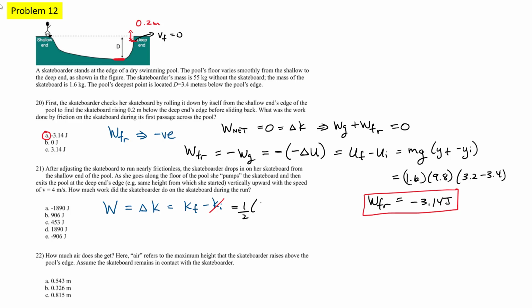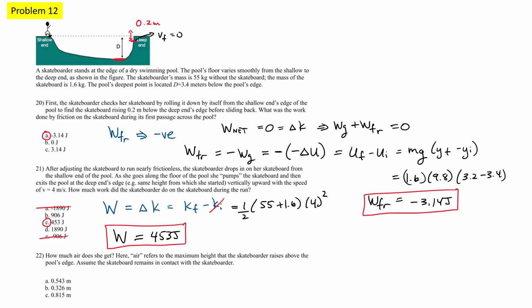In this case it's 55 plus 1.6, multiplied by her speed squared. To calculate that work, I got 453 joules. Let me go ahead and box that up, and that corresponds to choice C, which I think is the best choice. Notice that she would have to do positive work. I'd get rid of anything negative right away. That doesn't make much sense.